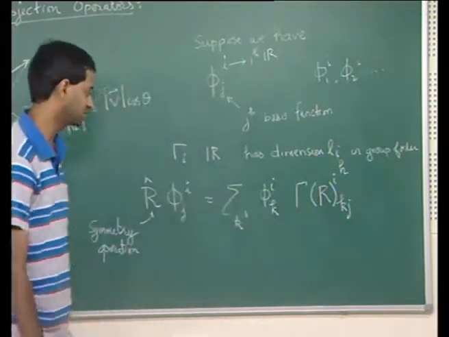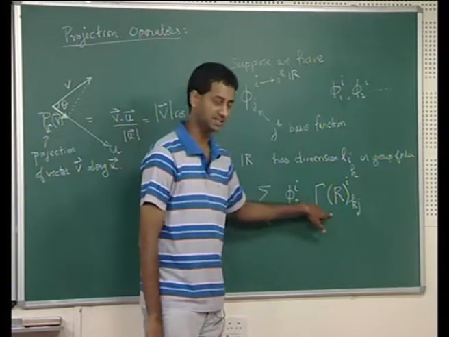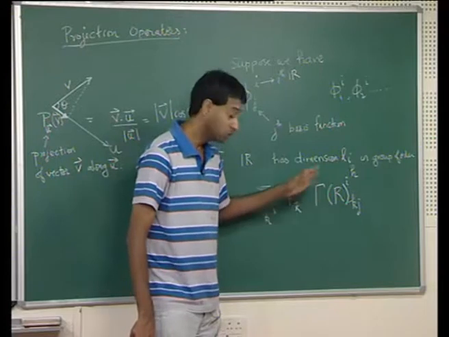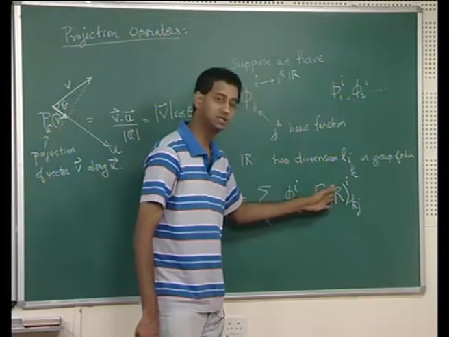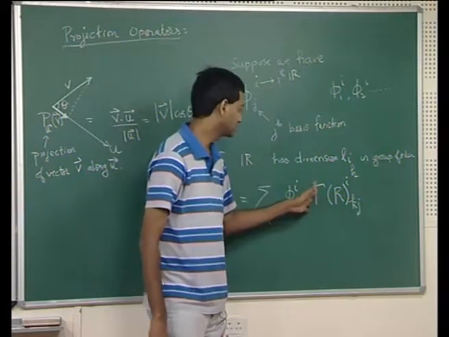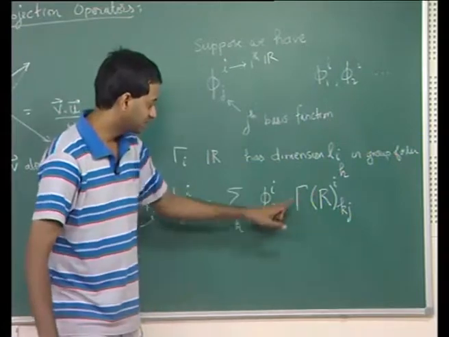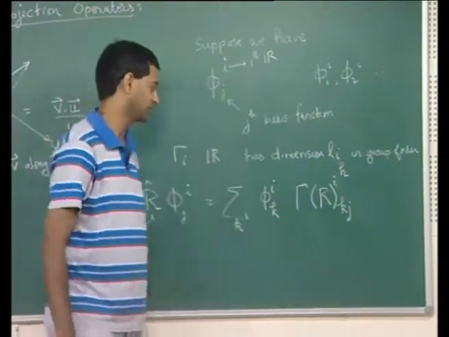In some sense this is the definition of your gamma R phi kj. And if you recall, this was the object that appeared in the great orthogonality theorem. Every operator can be represented by a matrix, whose dimension will be Li in that representation, and this is the kjth element of that matrix.